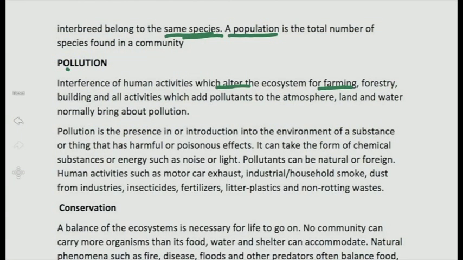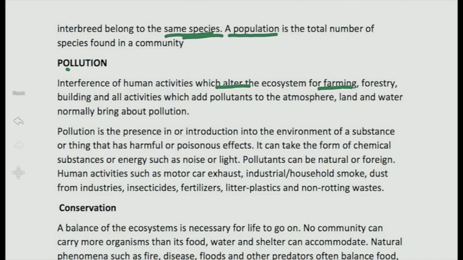Why do we change? Mainly we change because we want to farm or do forestry or want to build as human beings. But in that case, we come with many things, and when we come with these many things, they will pollute the area.